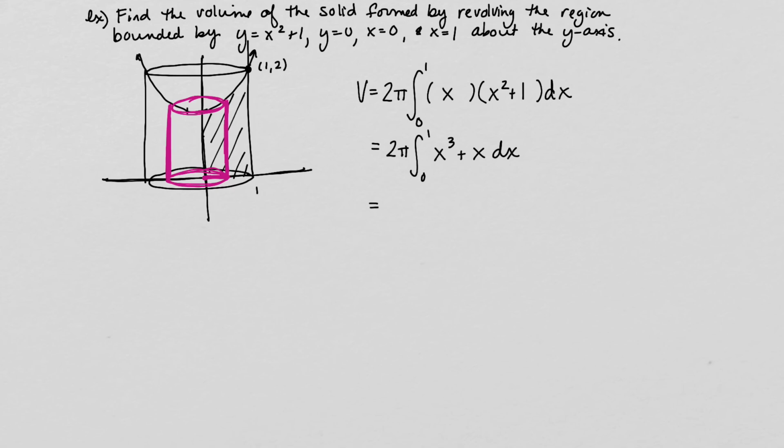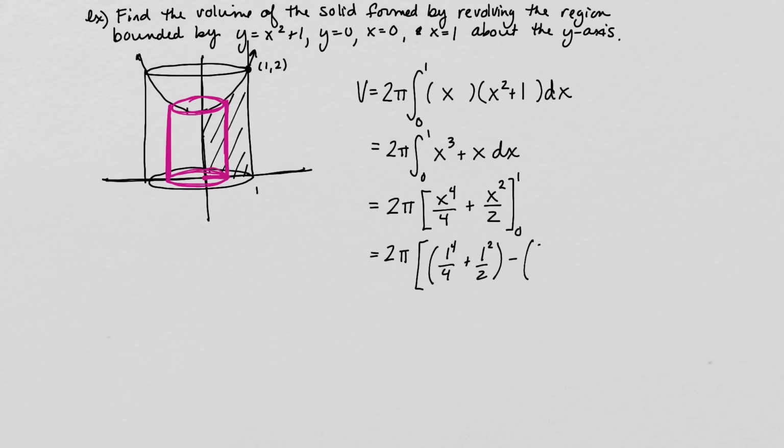So this is going to be 2 pi times x to the 4th over 4 plus x squared over 2, evaluated from 0 to 1. So we're going to plug in 1: 1 to the 4th over 4 plus 1 squared over 2, minus 0 to the 4th over 4 plus 0 squared over 2.